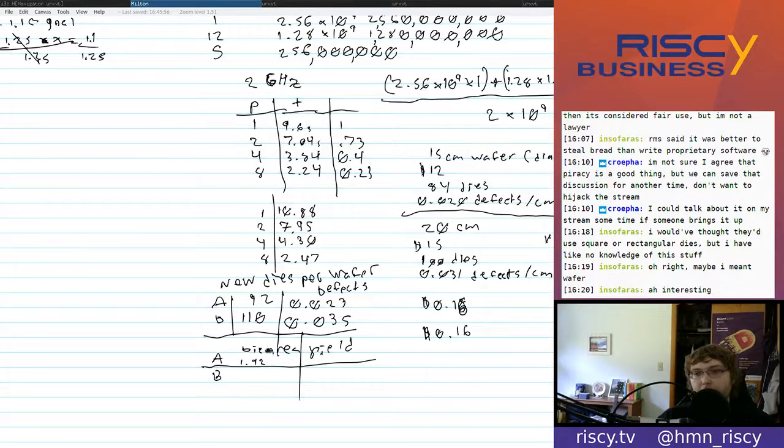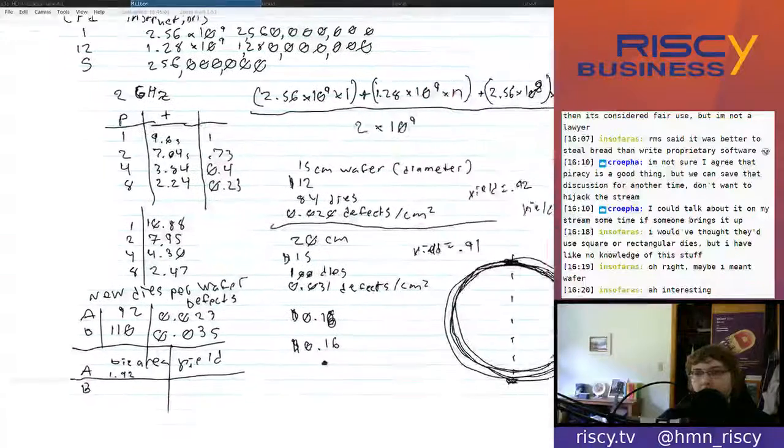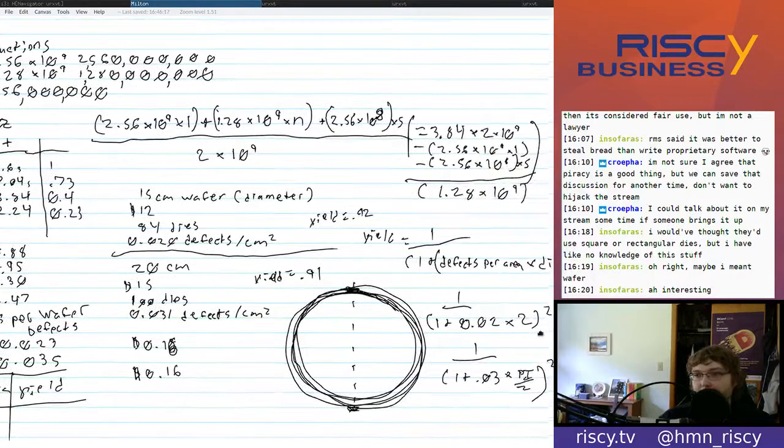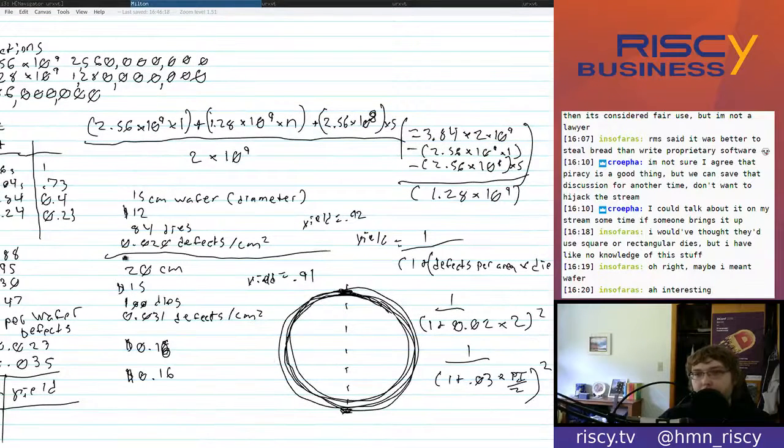But this is right, the 1.92. And the pi one would be right because I used pi and I forgot to try to account for the slop. Turns out the algebra works out that I guess you don't need to account for the slop. Because we already know the number of dies, I guess the math works out.